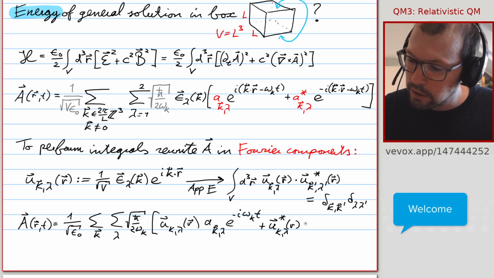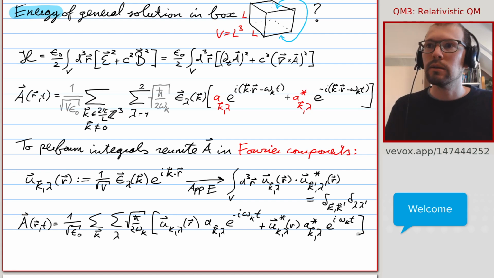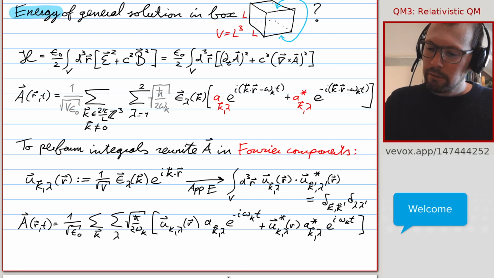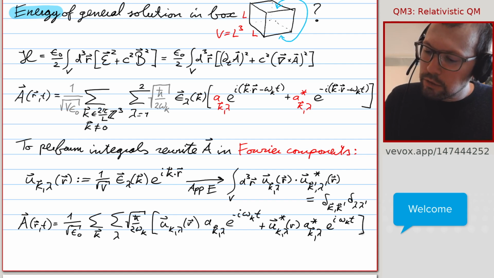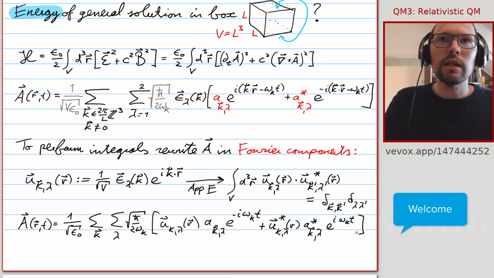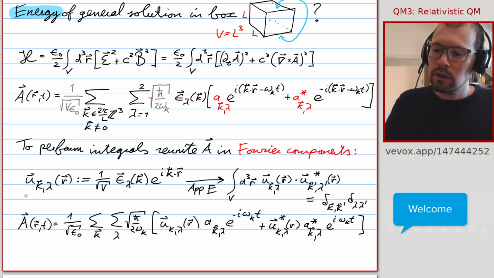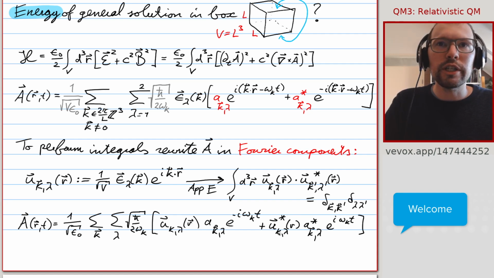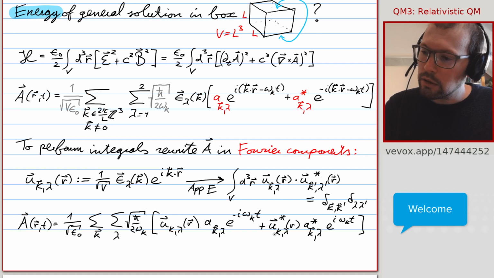Complex conjugate, e to the i ω_k t. But we would prefer the full position dependence here to be of the form of a single Fourier component in order to perform this integral. So let's try to rewrite the complex conjugate of this Fourier component in terms of its non-conjugate equivalent.